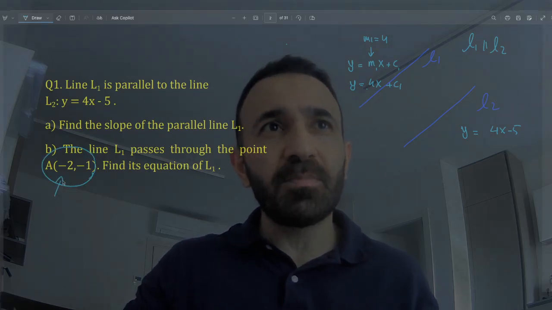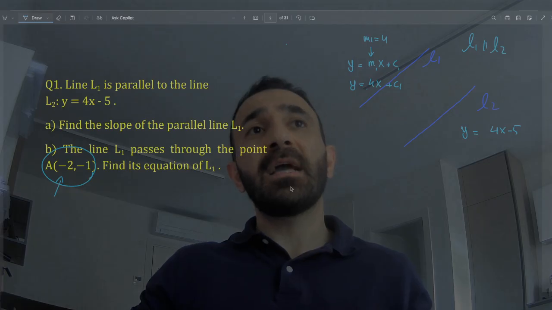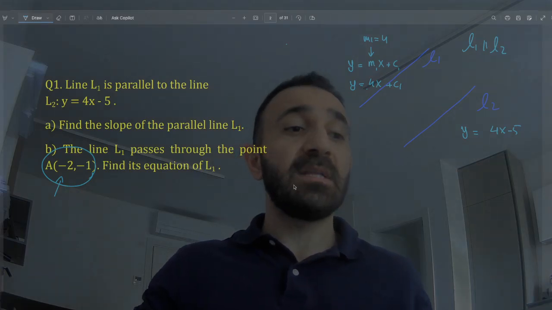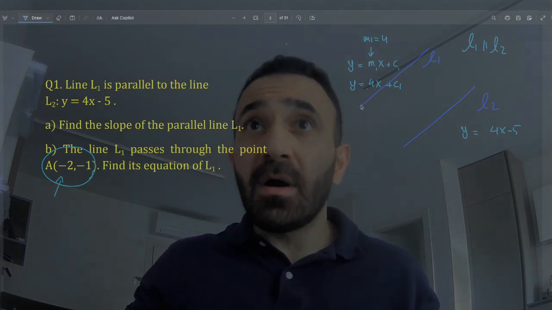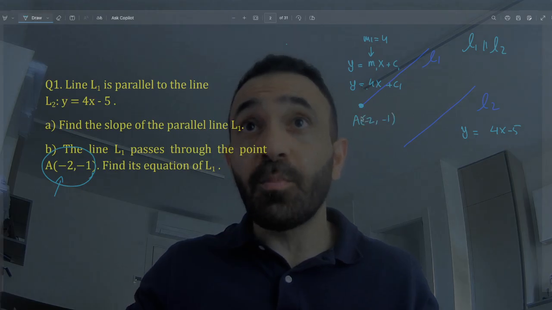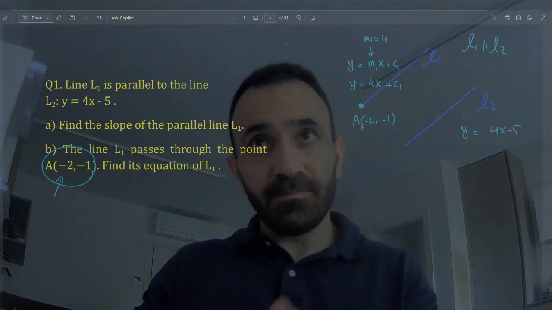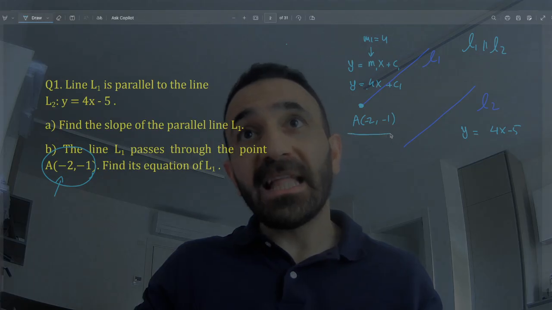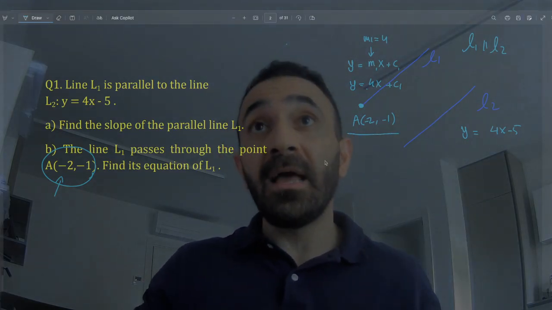The line L1 passes through the point A (-2, -1). Remember, I changed this point on your sample test, so make this adjustment: it's minus 2 and minus 1. So point A lies on line 1. What does it mean? I can get the coordinates of point A and plug them into the equation of L1.